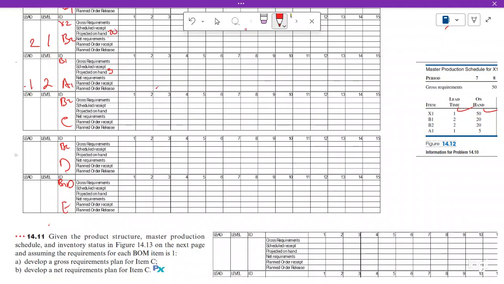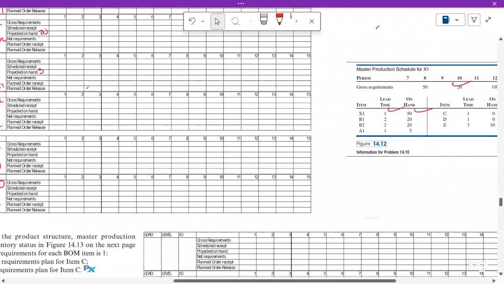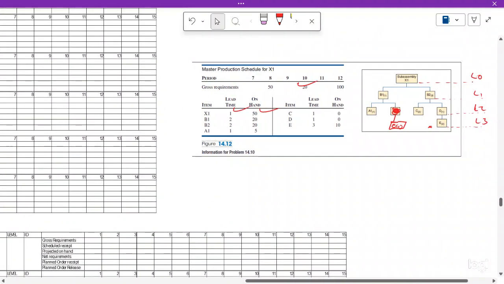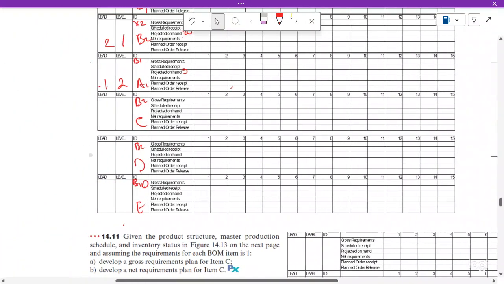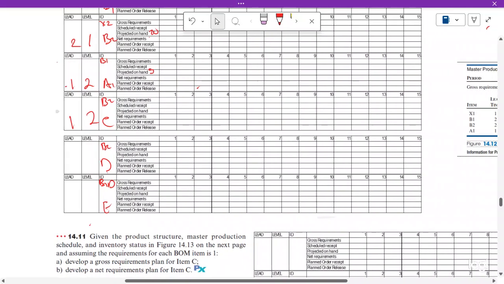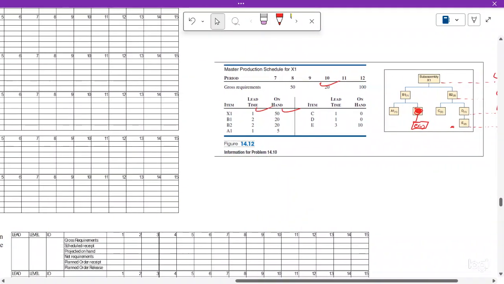Okay, then let's go to C. Let's look at C alone now. C has a lead time of 1 week and it's level 2. How much do we have on hand? 0. And it's times 2.